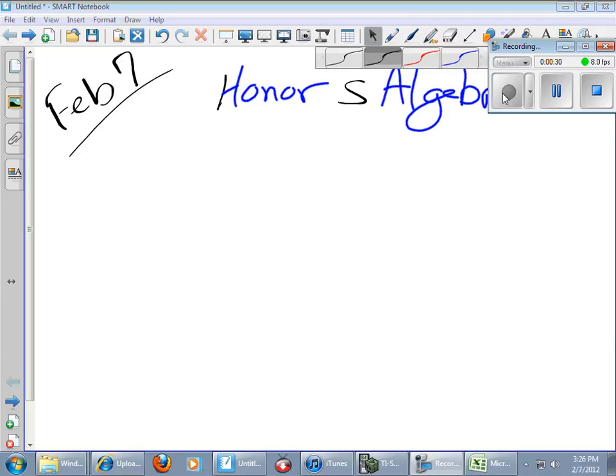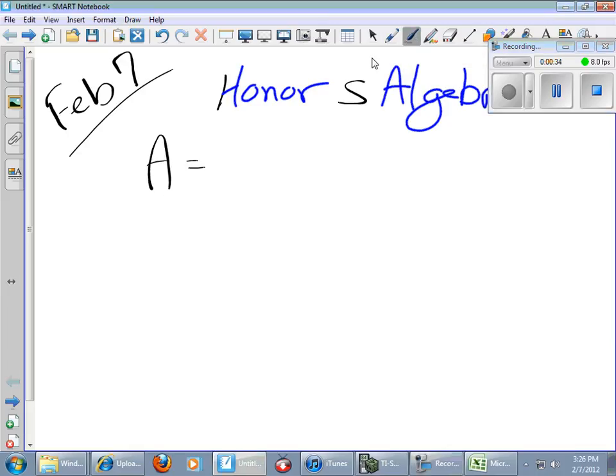Remember, we've learned this new equation: A equals P times the quantity of 1 plus or minus R, to the power T. T is the time in years. That's very important. R is the rate as a decimal. You have to take the percentage and divide it by 100.